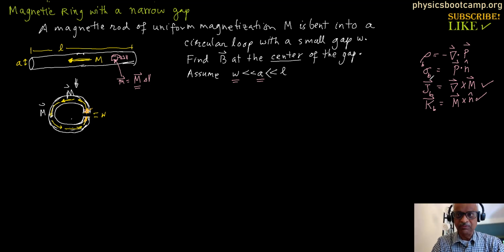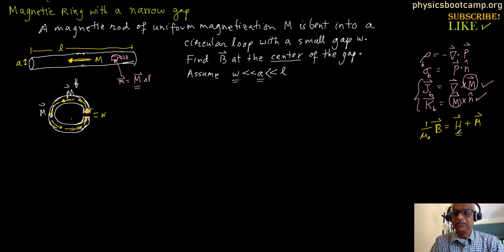You can convert a magnetization problem into volume current and surface current density for the material. You can also go into what's called (1/μ0)B = H + M. So solve for H and you have solved for B.